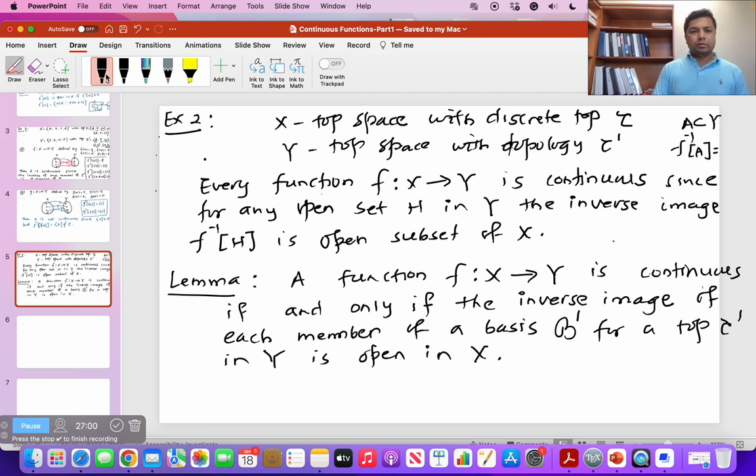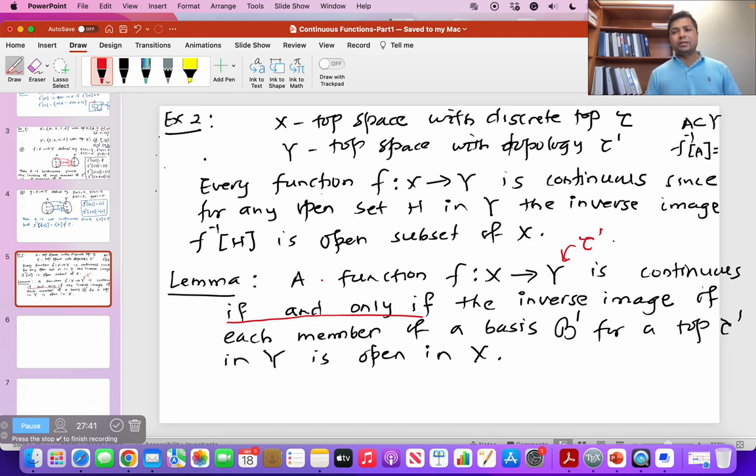So you can see this is an if and only if condition. If you have a continuous function, then the inverse image of a set in the topology tau prime in Y has to be open in X. And also, if the inverse image of each basis element for the topology tau prime in Y is open in X, then that function is called a continuous function. So this lemma describes a continuous function using basis elements instead of open sets.